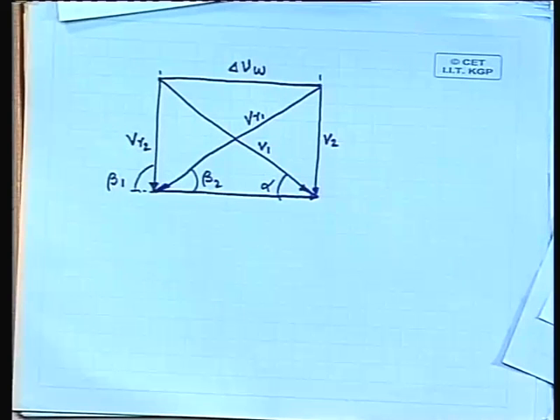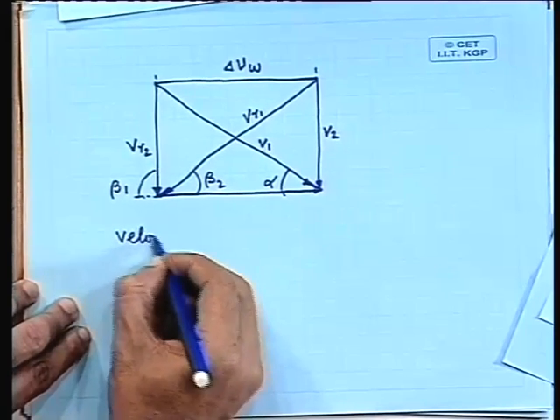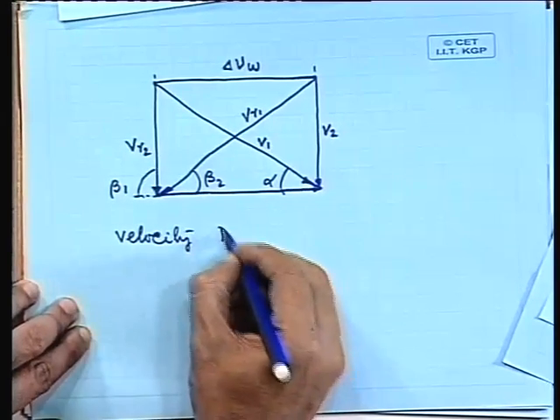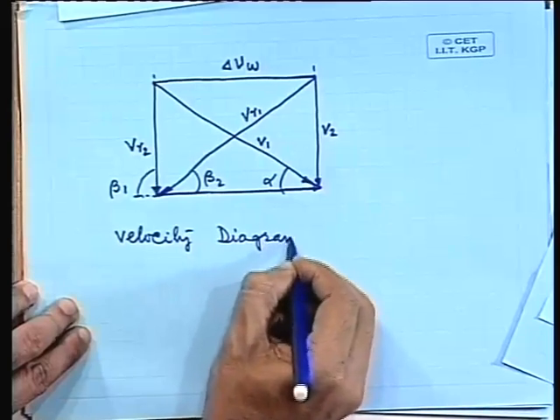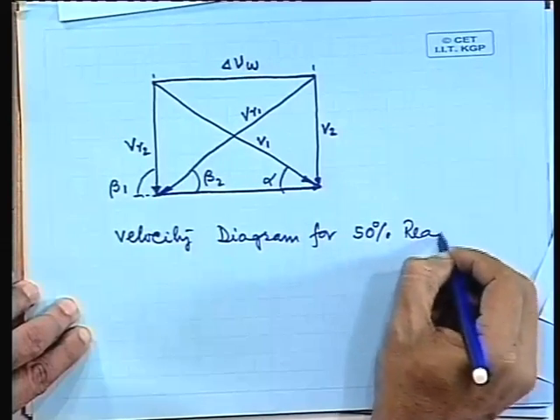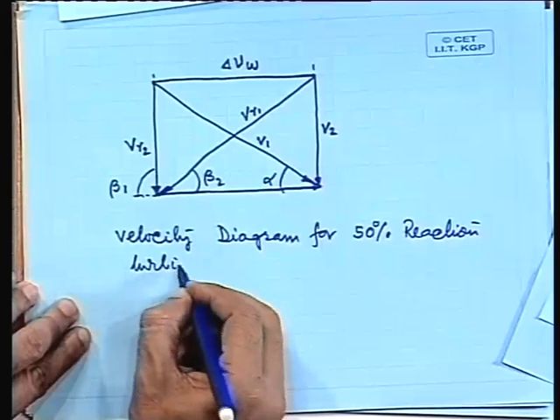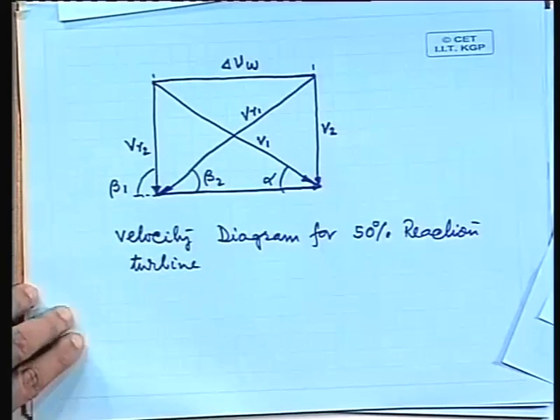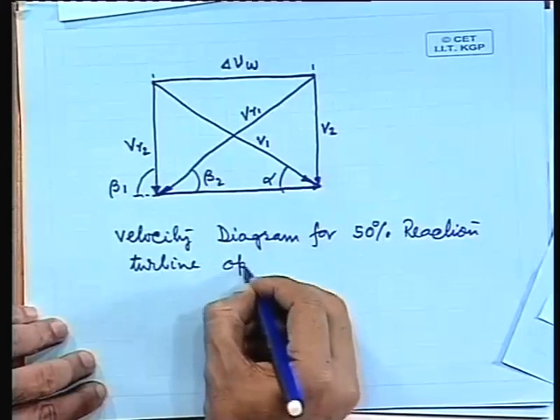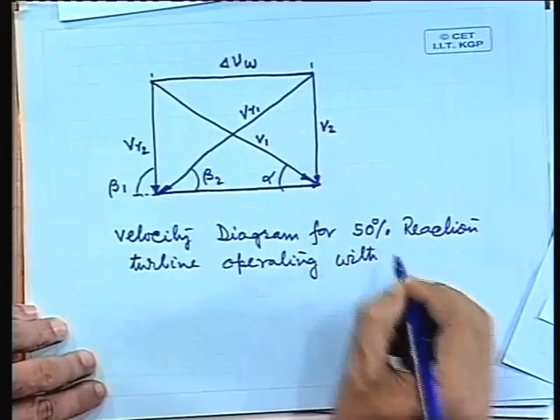So, this is what we will get, let me write it, the velocity diagram for a 50% reaction turbine operating with maximum efficiency.